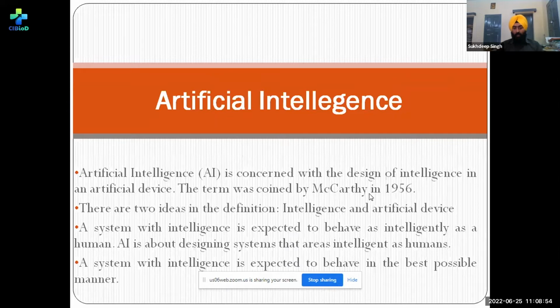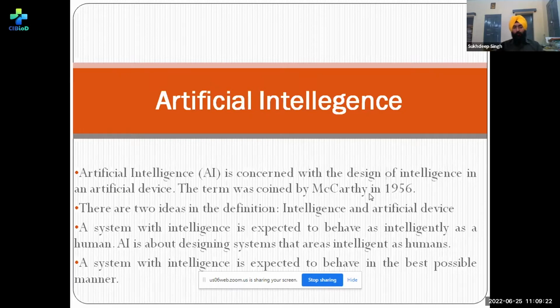Means we are training a machine to behave like humans, and the intelligence that machine has is artificial. That machine can learn with experience, and can be trained with special features and many other things. So a system with intelligence is expected to behave in the best possible manner as the human being behaves.